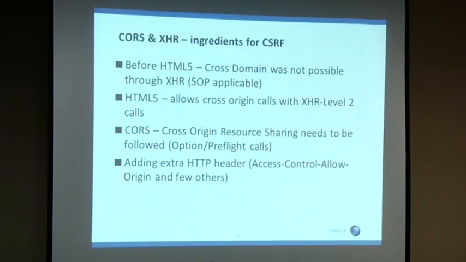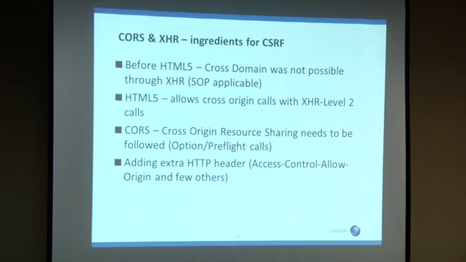Now XHR level 2 has ingredients for SSRF and CSRF. So for example, you have cross domain which is possible. Say, for example, if you take XHR level 1, I'm on yahoo.com and the XHR object is coming from yahoo.com, and it's an XHR level 1 object. And I use that object to create a cross domain connection to http.google.com. It will fail. It will say you can't do this using an XHR level 1 object.